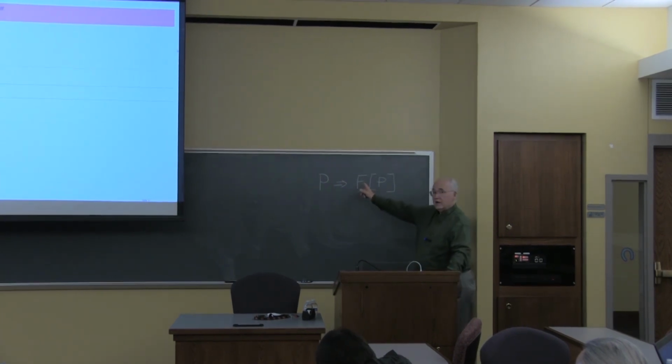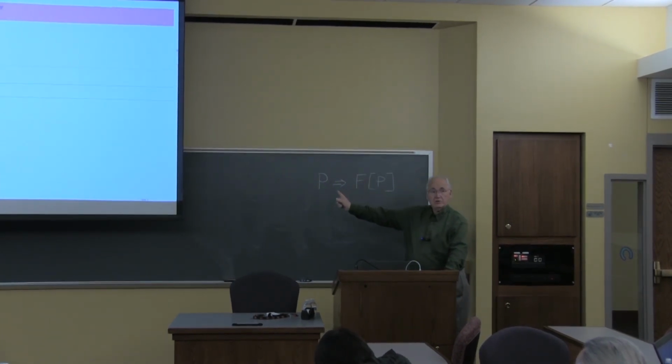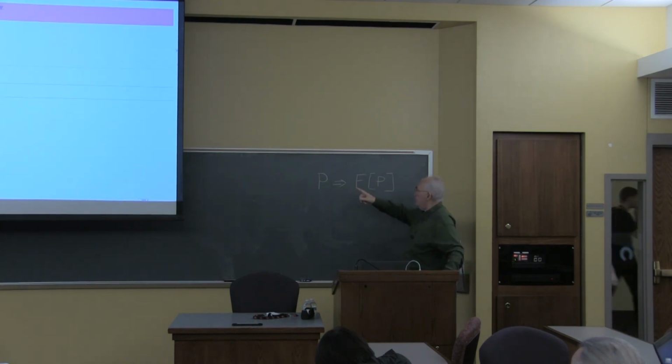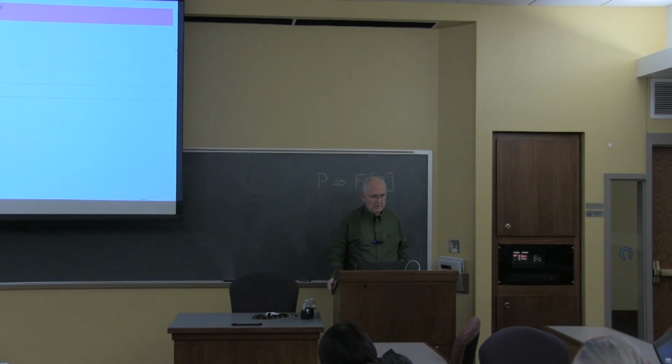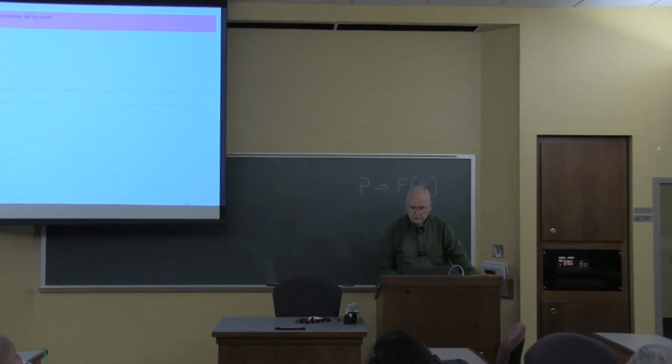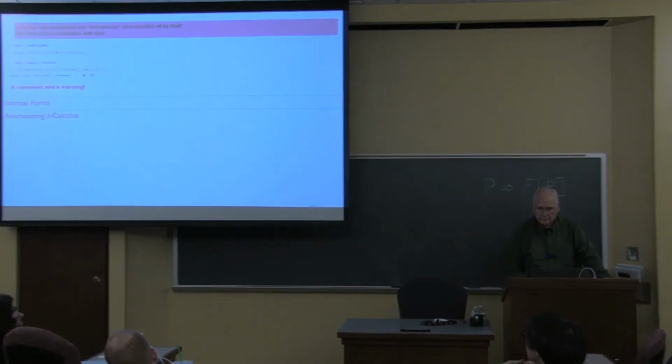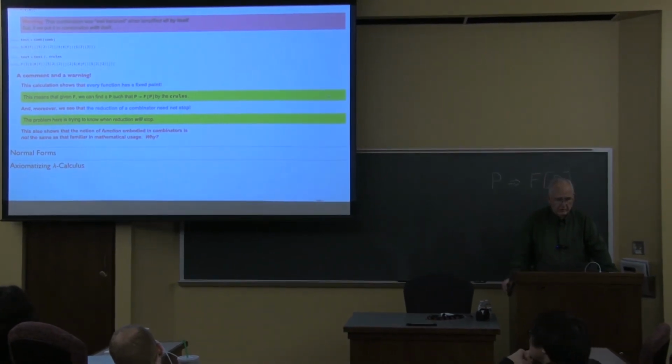But Curry realized self-application gives you the fixed point. This is a recursion equation that says P is defined recursively in terms of itself, and so we'll see how that is here. We just have to be careful.